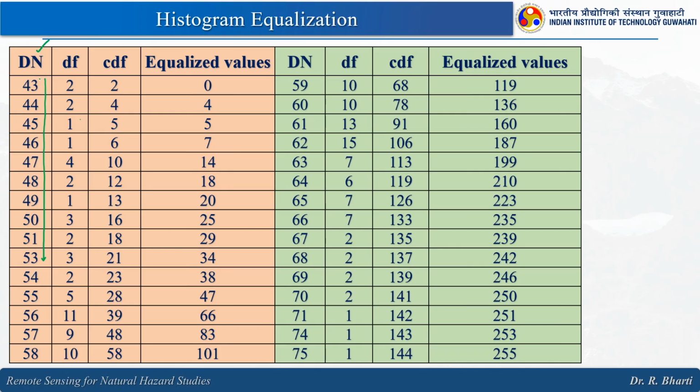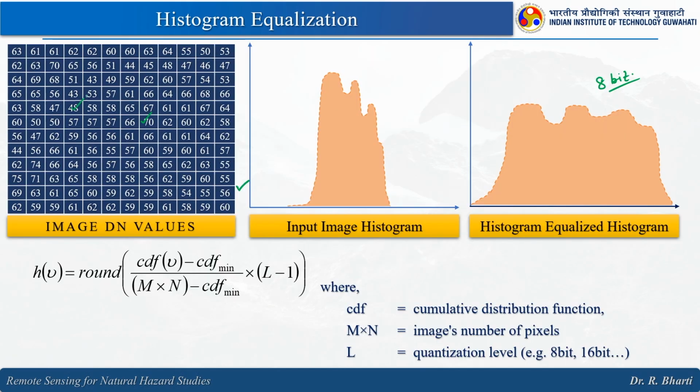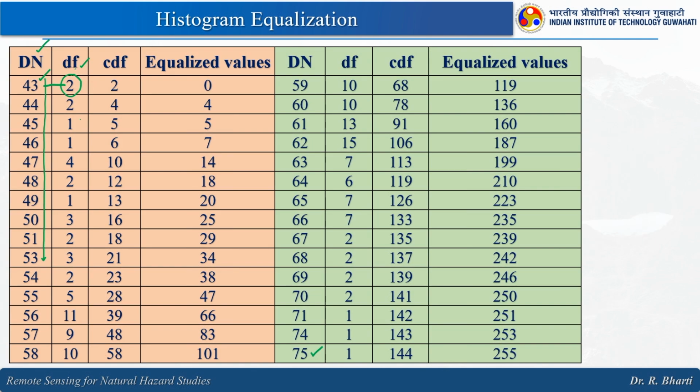The minimum value is 43, and the maximum value is 75, that we have got from that particular matrix. Now, we will have the distribution function DF. The DF is basically the frequency, how many times 43 has occurred in this particular table, right. This distribution function will be listed here for all these unique values, right.